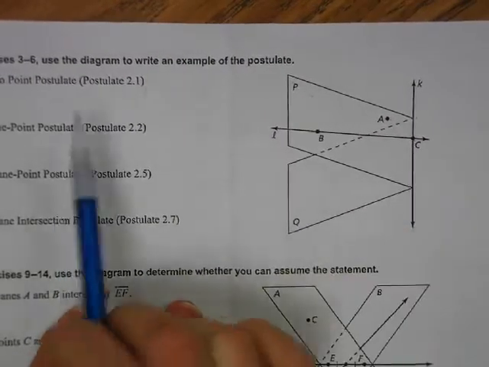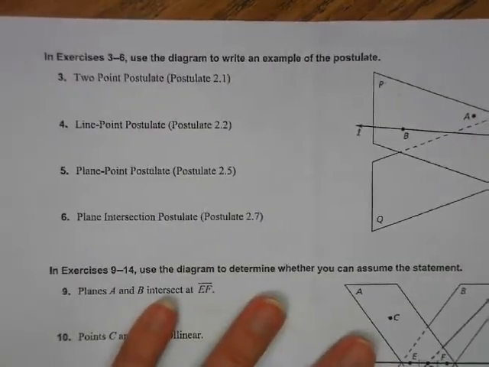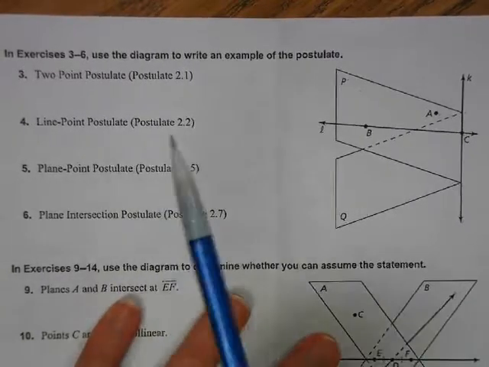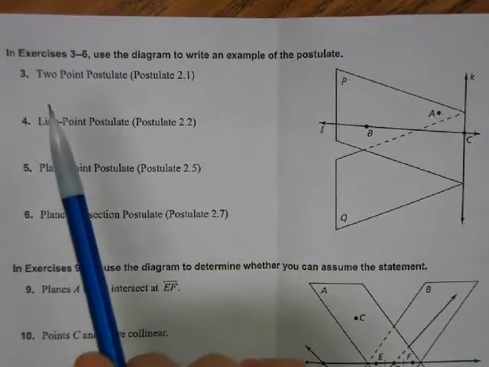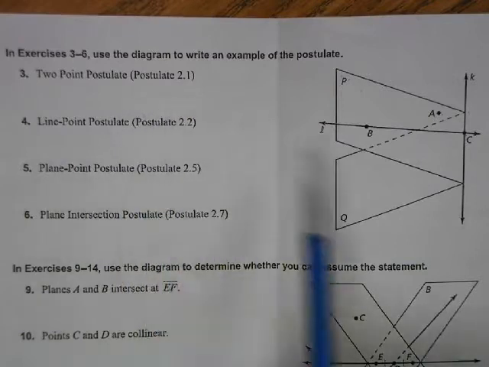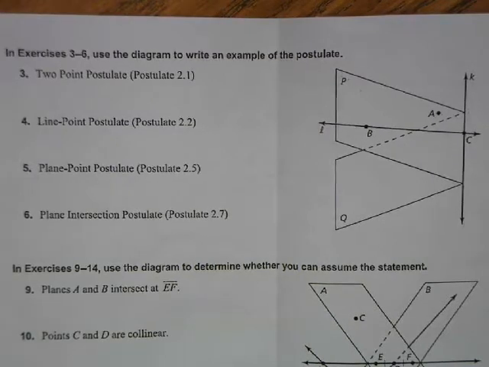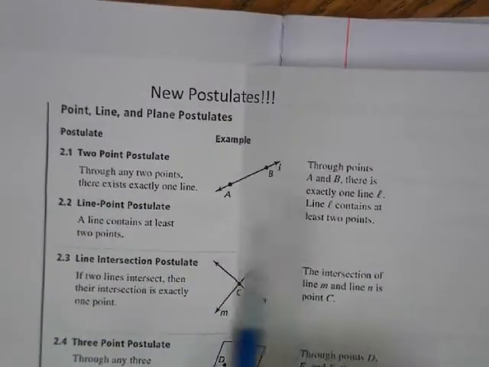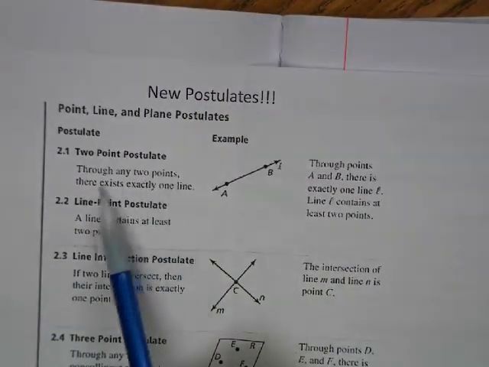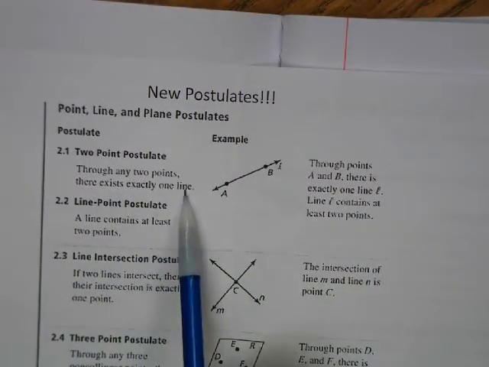So it says, use the diagram to write an example of the postulate. So you're going to write an example of the 2-point postulate using this diagram. So go back to page 16 and read what postulate 2.1 is. It says, through any 2 points, there exists exactly 1 line.